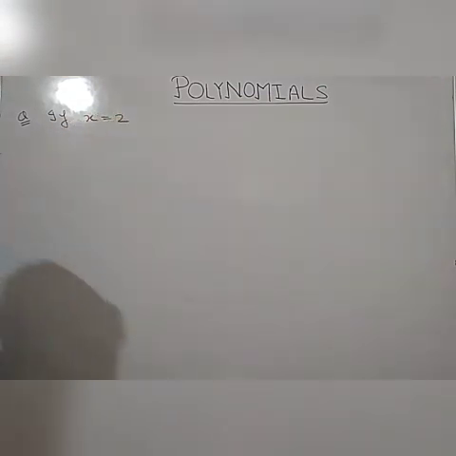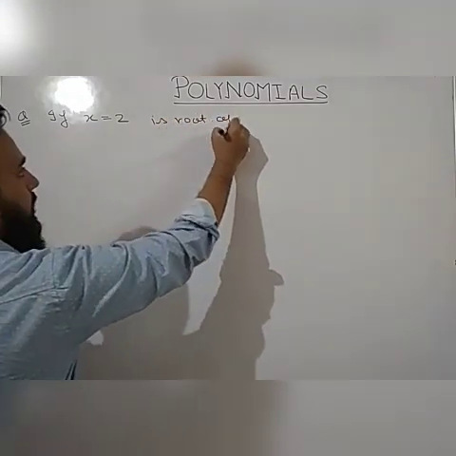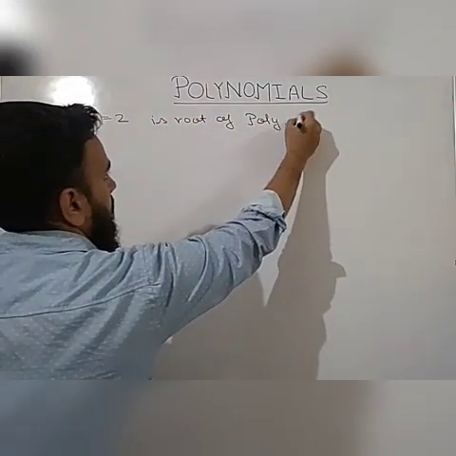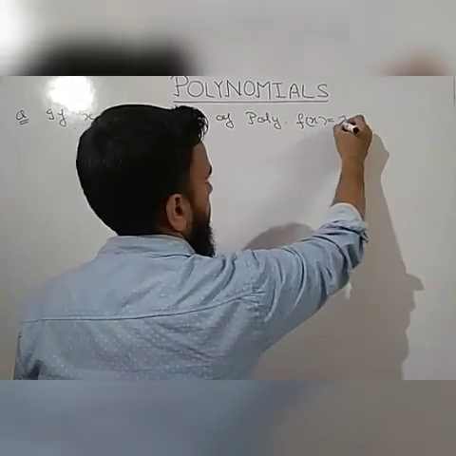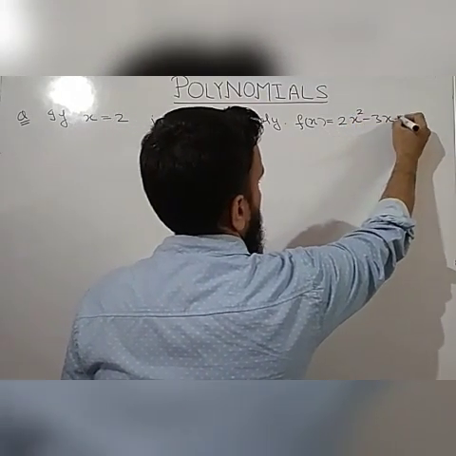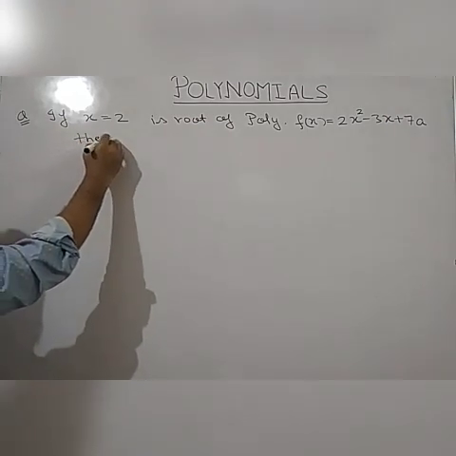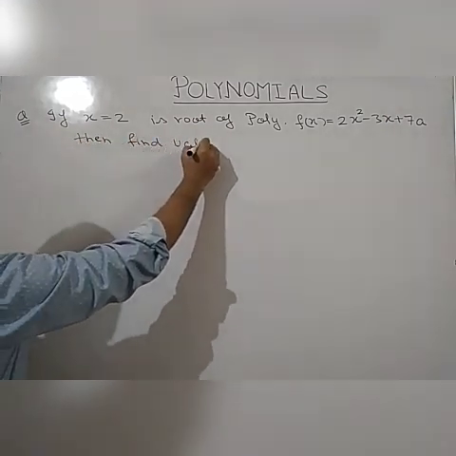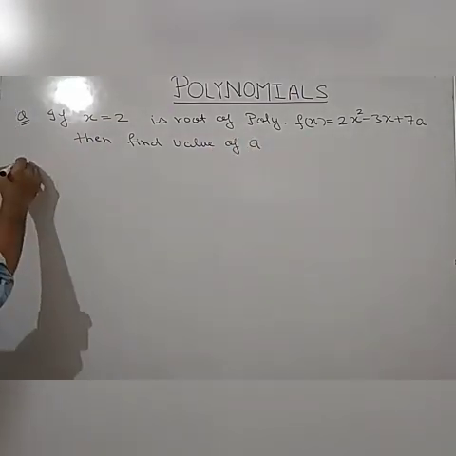If x is equal to 2 is a root of the polynomial f(x) is equal to 2x square minus 3x plus 7a, then find the value of a. Okay, now this is a very important type of question.